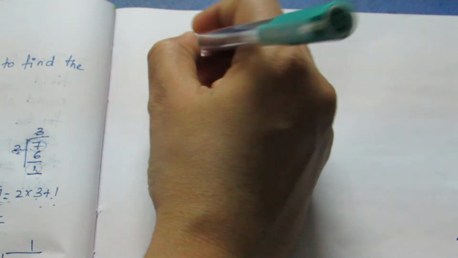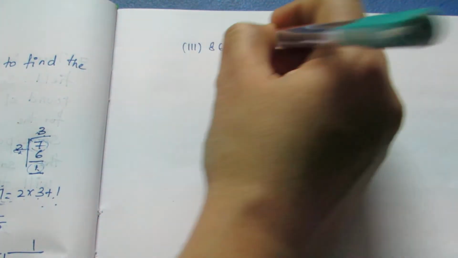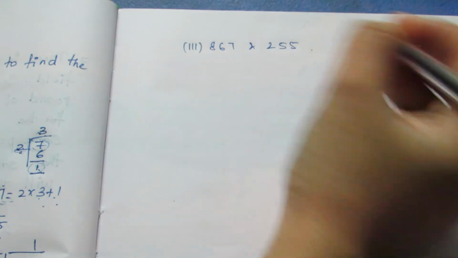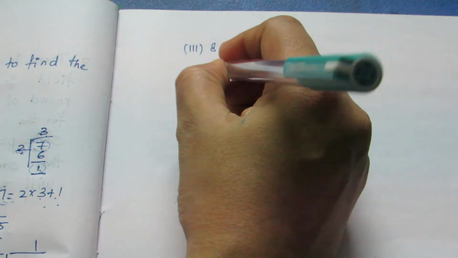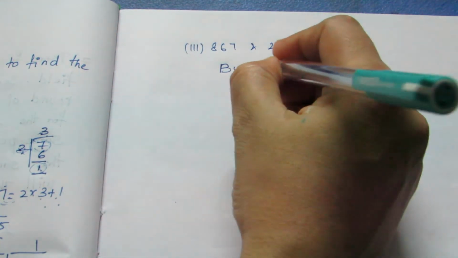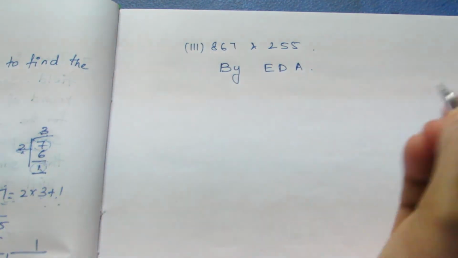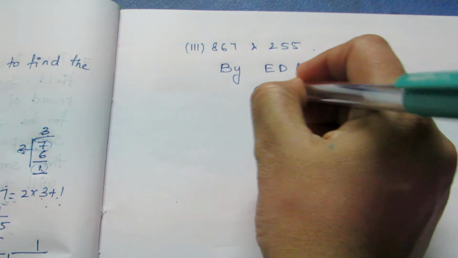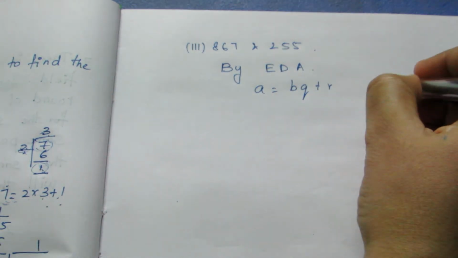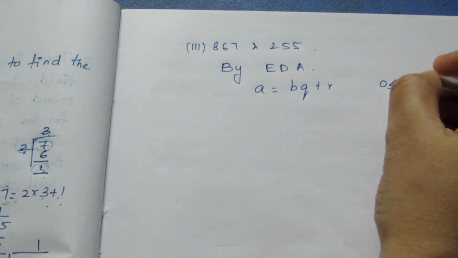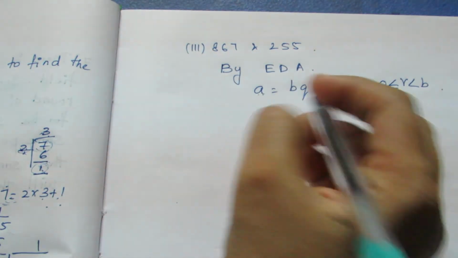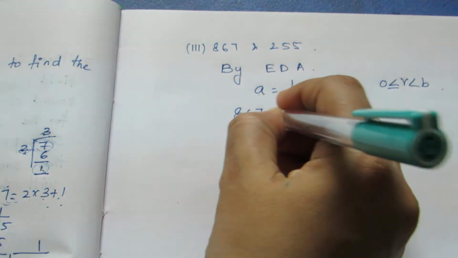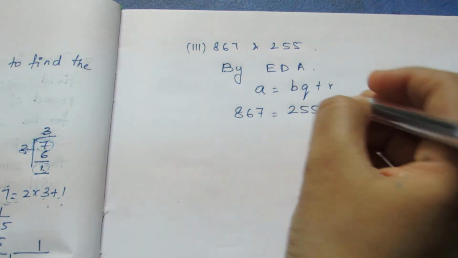Third one, the question is 867 and 255. I'll write the formula. By Euclid division algorithm, we know the formula to be A is equal to BQ plus R, where R is greater than or equal to 0, less than B. Always write the greater number as A. So 867 is equal to 255.